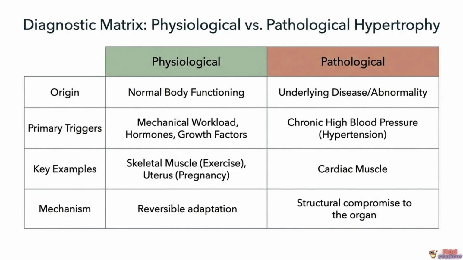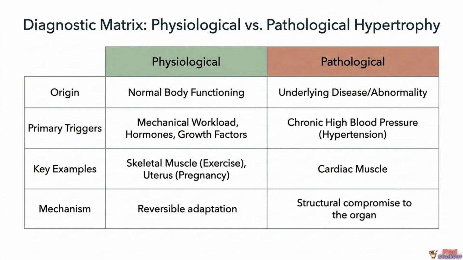Second, primary triggers. Physiological triggers are mechanical workload, hormones, and growth factors operating within normal physiology. The primary pathological trigger we focus on is chronic high blood pressure, hypertension, though other pathological states like valvular heart disease also apply. Third, key examples.